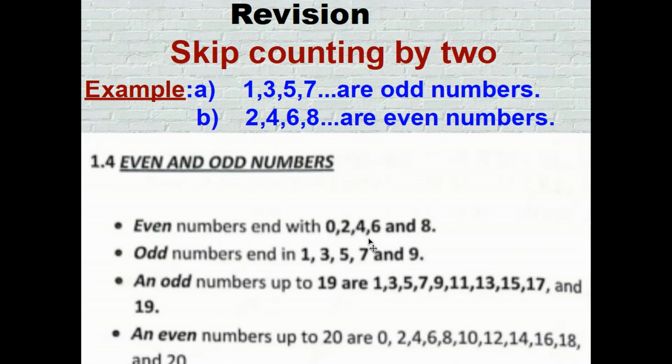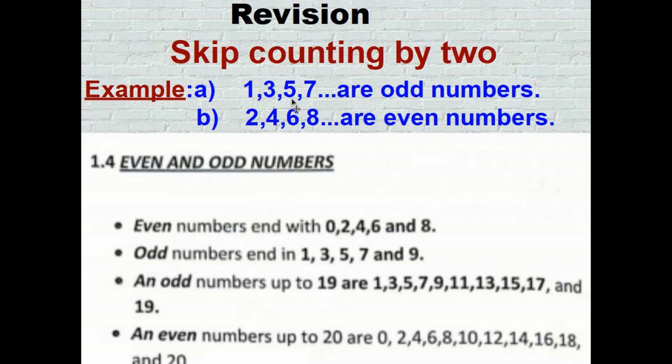Before we start, let's revise what we have seen last time. Remember, we have seen what even and odd numbers mean and skip counting by 2. In the case of odds, we have numbers here. In this case, we have a difference of 2 in each, and also here a difference of 2 in even cases.